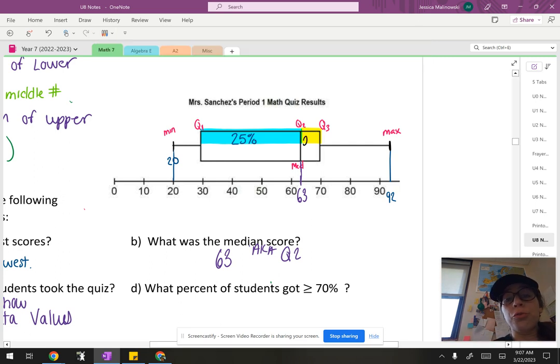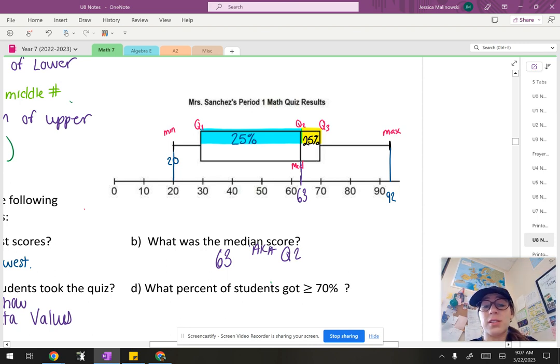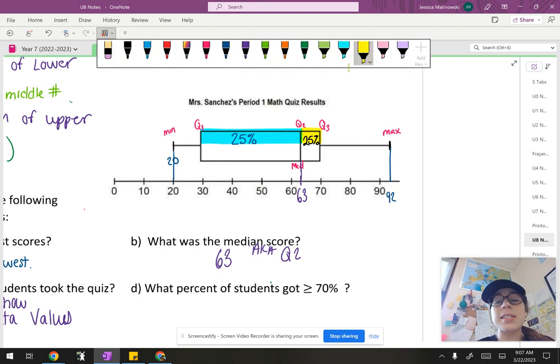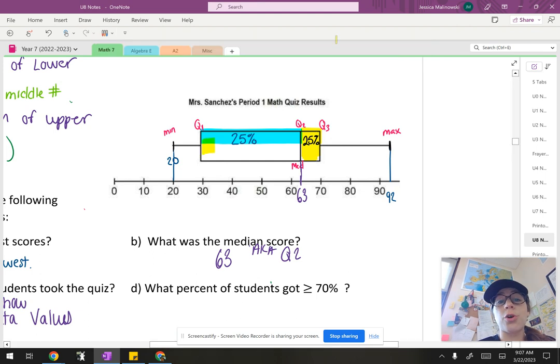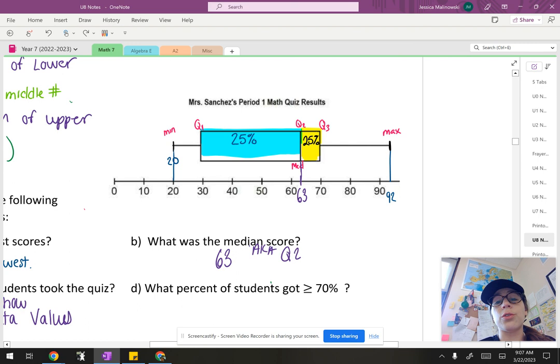You rightfully might be thinking, what the heck, that's really crazy, because that blue box is very clearly bigger than the yellow box. That's not what those boxes are showing you. They aren't showing you how many data values are in there, but how spread out that data is.